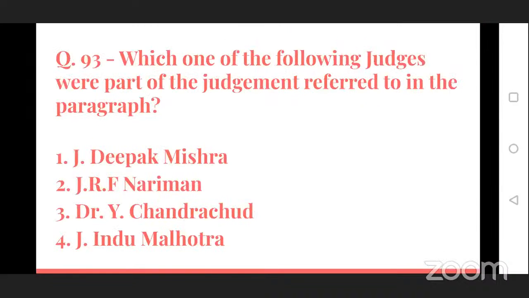Now, next question is question number 93, which says, which one of the following judges were part of the judgment referred in the paragraph? Justice Deepak Mishra, Justice R.F. Nariman, Dr. Y. Chandrachud, and Justice Indu Malhotra. So the correct option is option number 1, that is Justice Deepak Mishra.